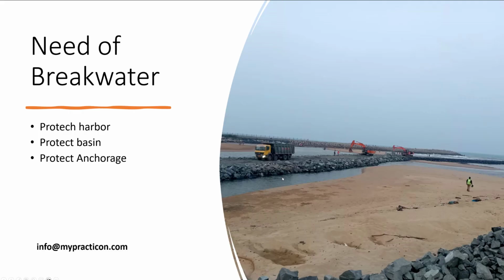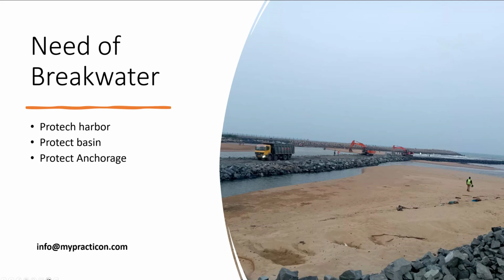The breakwater's main role is to protect the harbor, the basin and the anchorage. These are the three key roles it plays in the port. Based on that, harbor operations and maintenance will be well maintained.